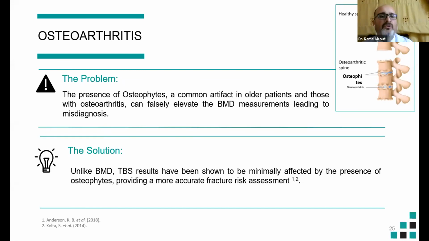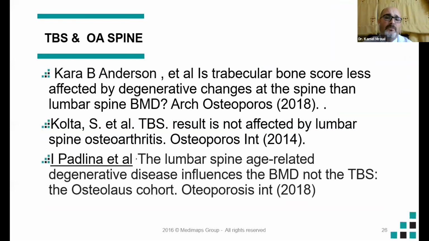This will lead to less TBS changes on part of these osteophytes, giving us the actual trabecular bone quality of the lumbar spine. And this is being shown by different studies.